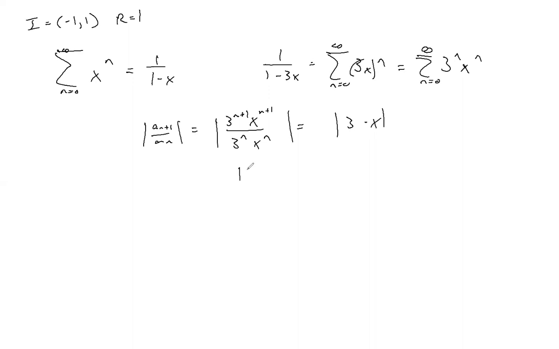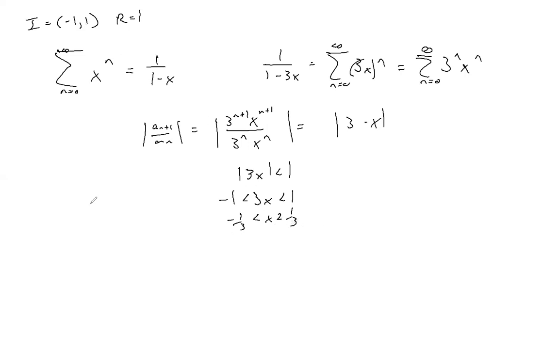So what do I need? I need the absolute value of 3x to be less than 1. In other words, 3x is less than 1 and greater than negative 1. So x is less than 1/3 and greater than negative 1/3. So we're already seeing a different interval of convergence. The interval is going to be negative 1/3 to 1/3, and we need to test the endpoints.